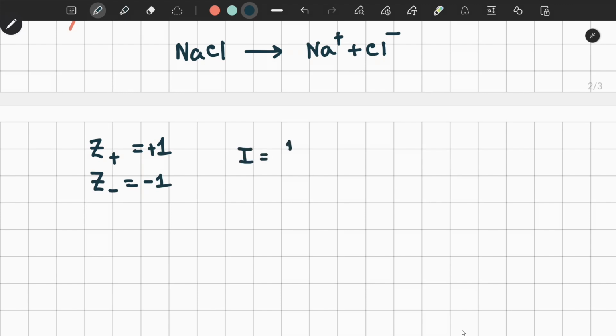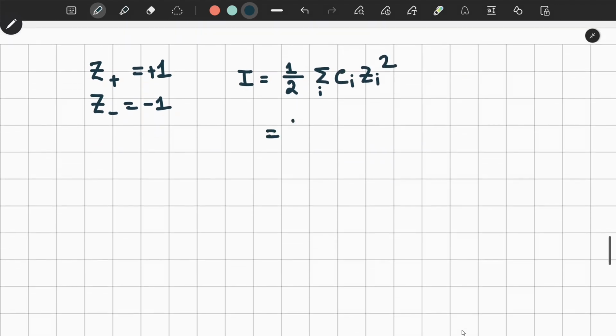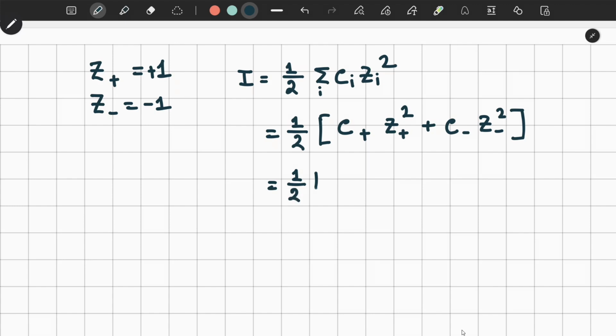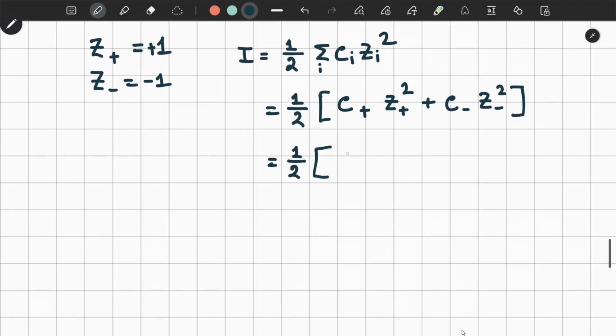I will be half of the sum of Ci Zi square, and we can write it as C plus plus C minus. What are C plus and C minus? That we'll calculate. But for the time being, Z plus square is 1 and Z minus square is also 1.